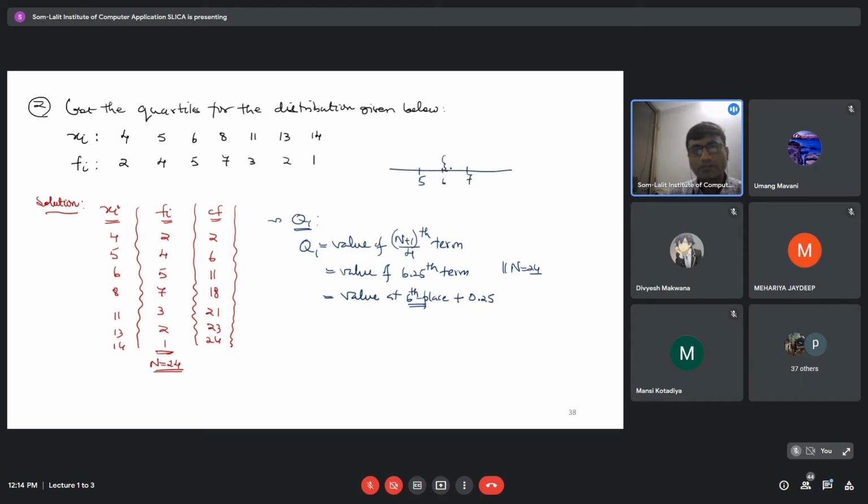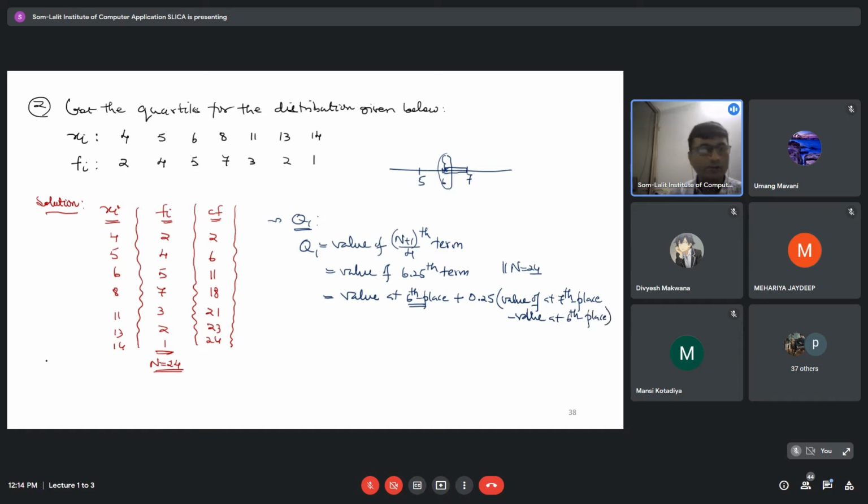So you write the observation at the 6th place, and then 0.25, that's the fractional part, into the difference between these two, that is the value at the 7th position minus the value at the 6th place.